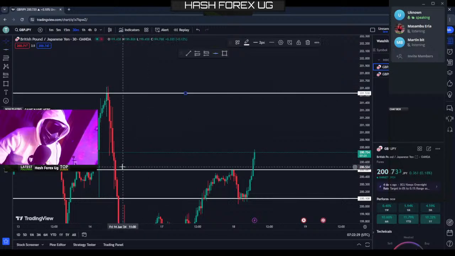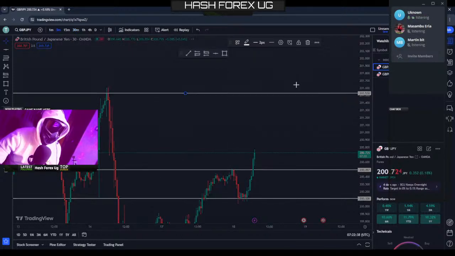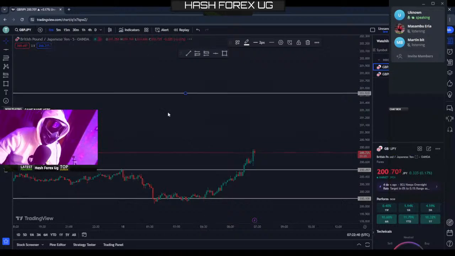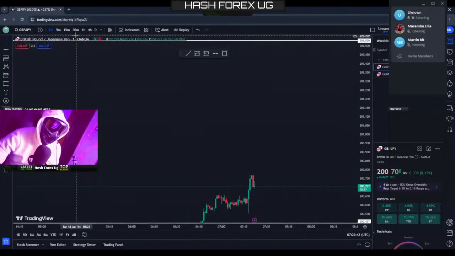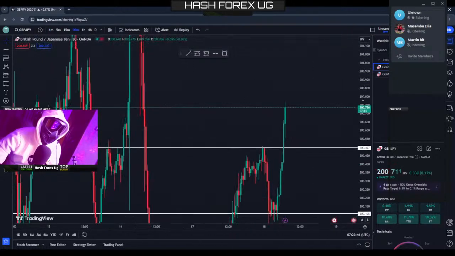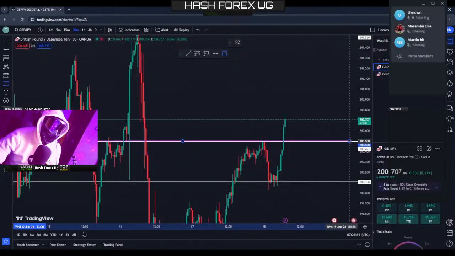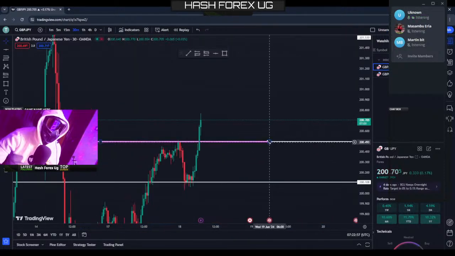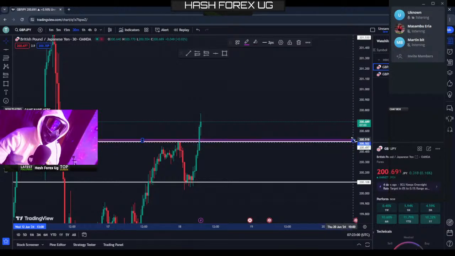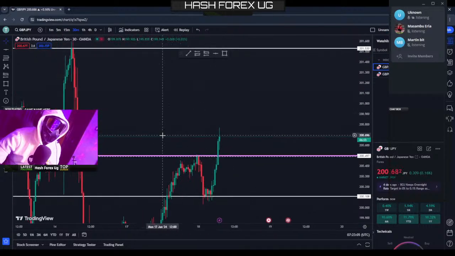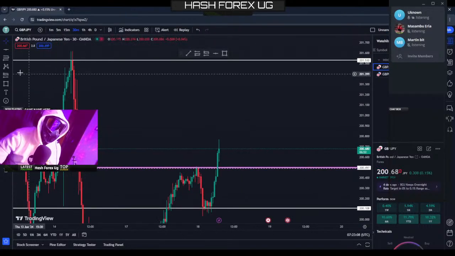So we are looking at GJ coming up to this zone. We shall see if we shall be able to get some buys on GJ. There's a very nice range up there. So if it can give us our confirmations, we shall be able to continue with it going up.